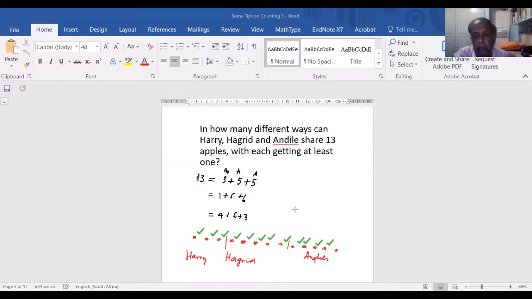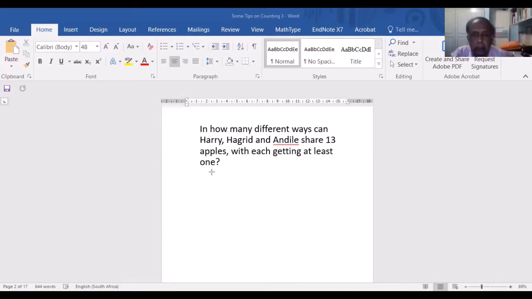So the question is, in how many ways can you choose 2 spaces from 12 spaces? So finally the answer is equal to the number of ways of choosing 2 spaces from 12 spaces.